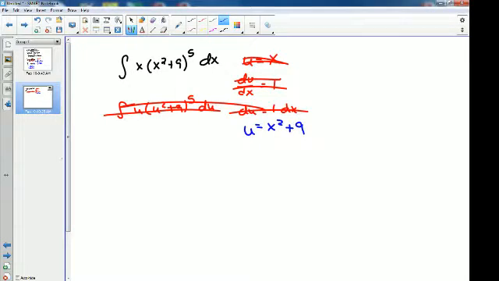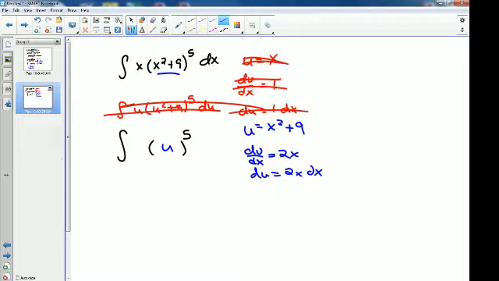So the derivative is, we'll deal with that here in a minute. Okay, right? You'll see how the fifth power is. So we got u in here, correct?